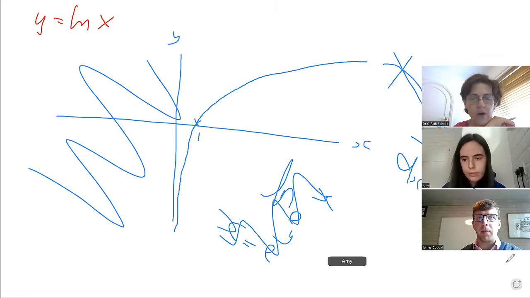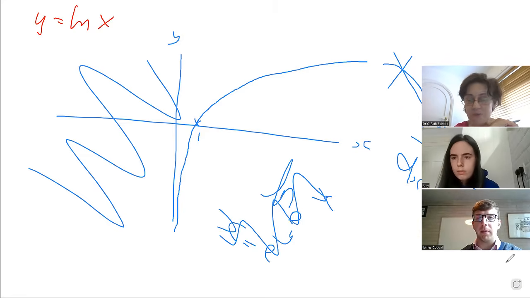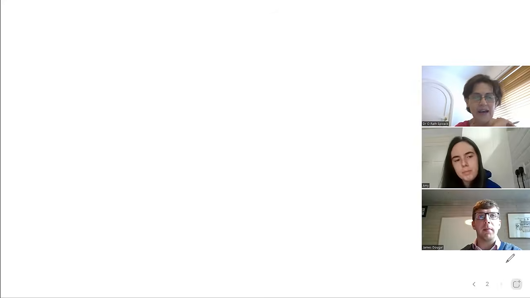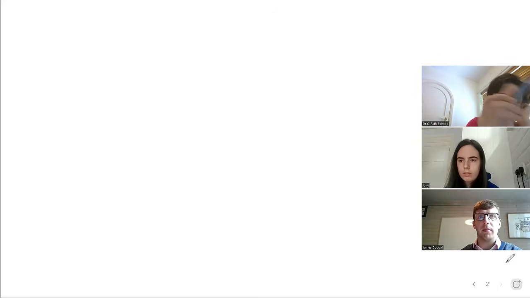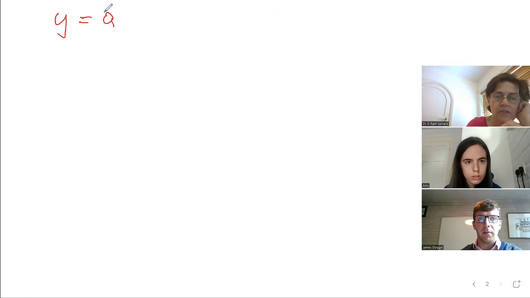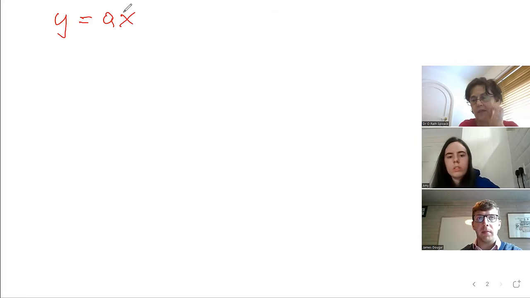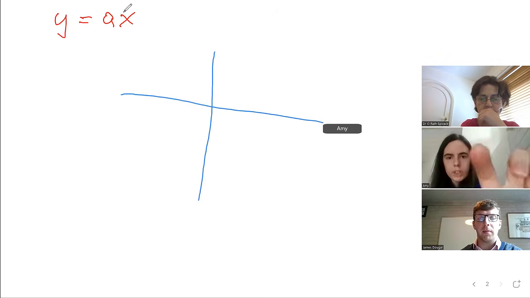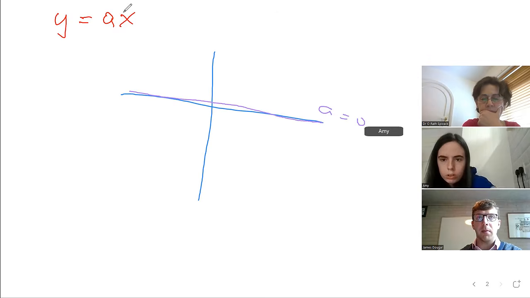Thank you. Now I'll use a new and even easier function: y equals ax, where a is some constant. What is this function? Okay, so there's a couple of cases. If a is 0, then y will always be 0.